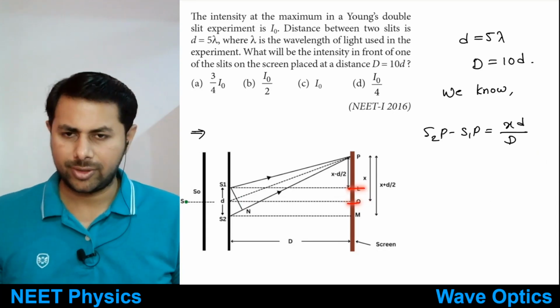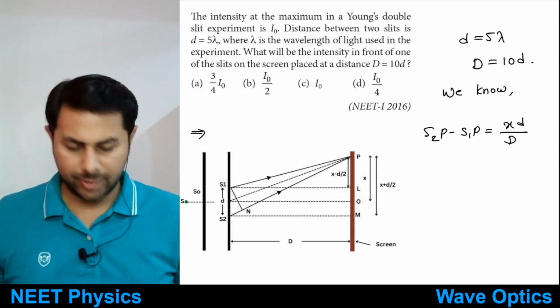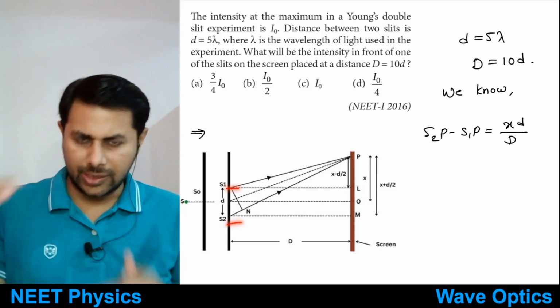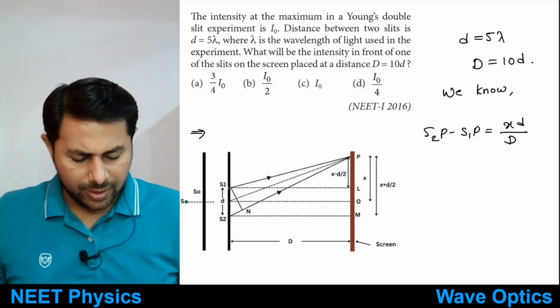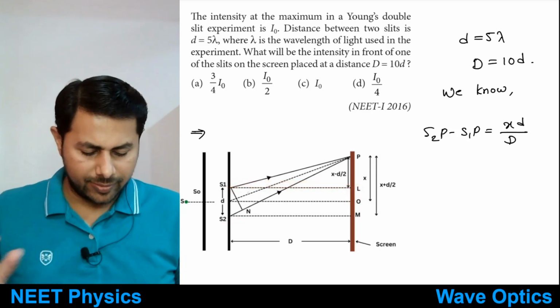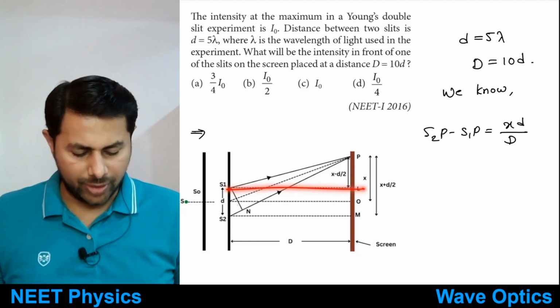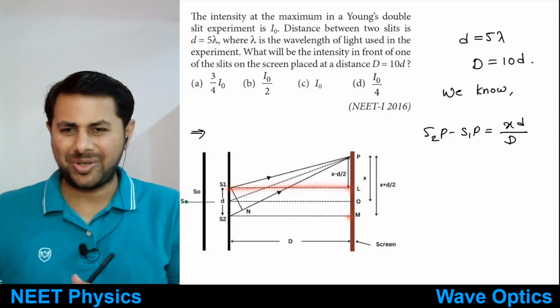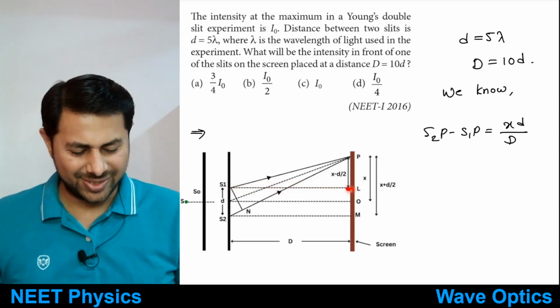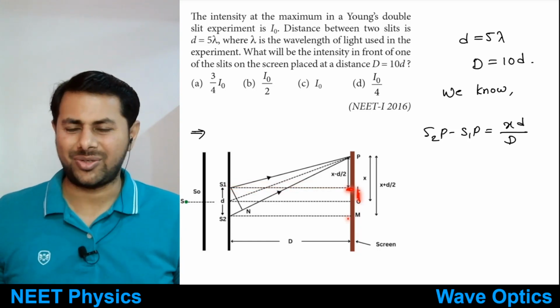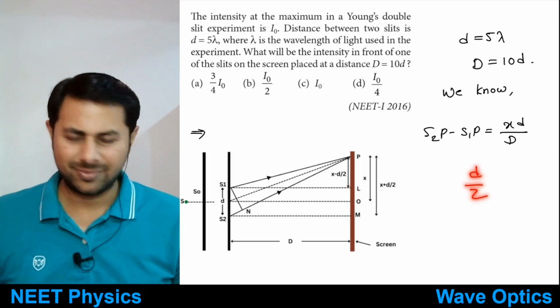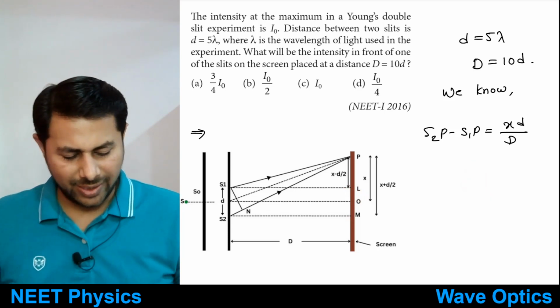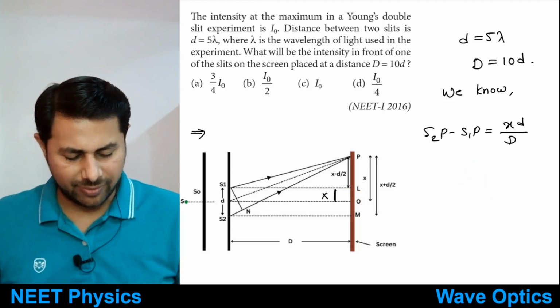It's equal to d by 2, because separation between two slits is equal to d. Then, if you take any point in front of any of the slits, its distance from the center would be equal to d by 2, right? So x is equal to d by 2.